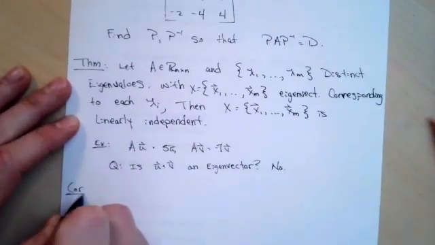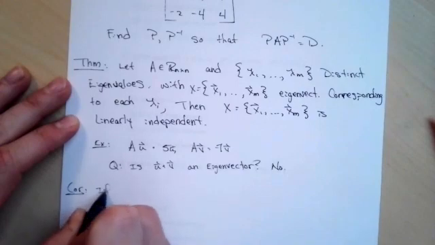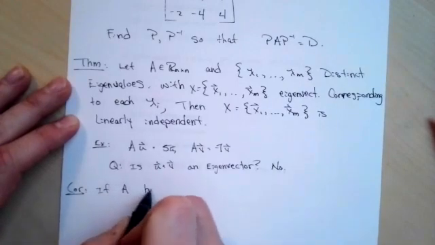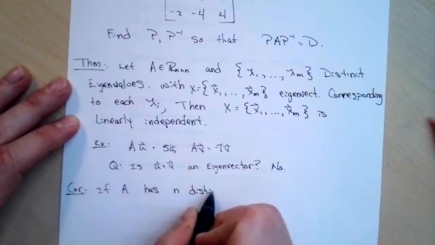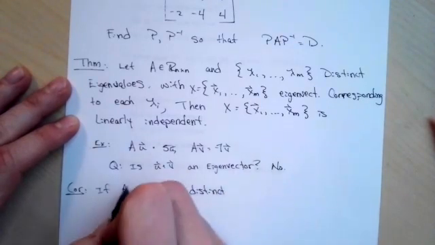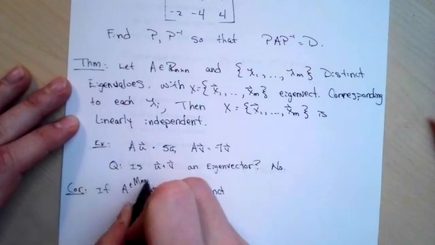Corollary to that: if A has n distinct eigenvalues, so of course, A is an n by n matrix.